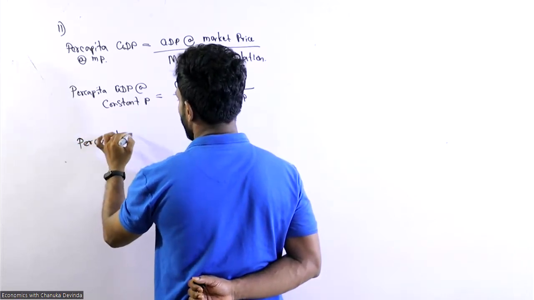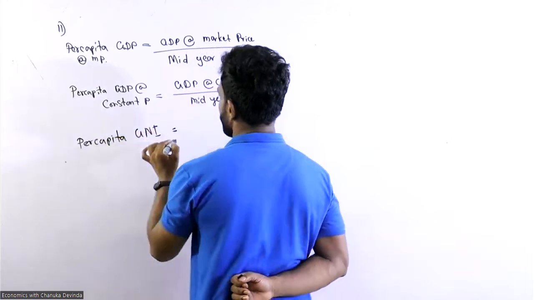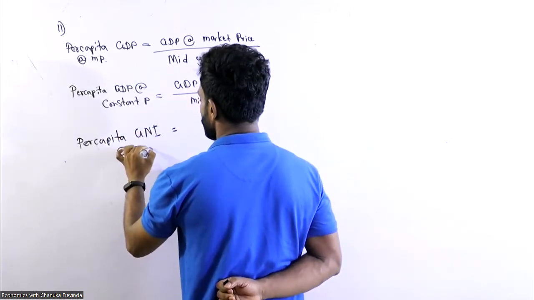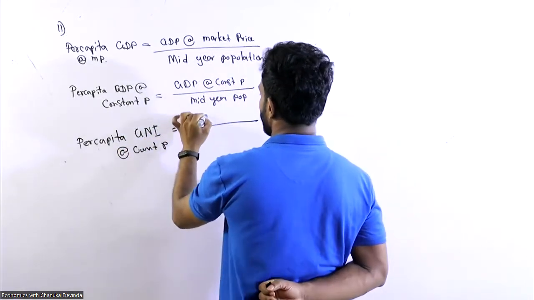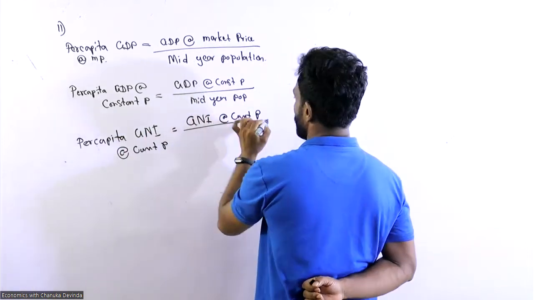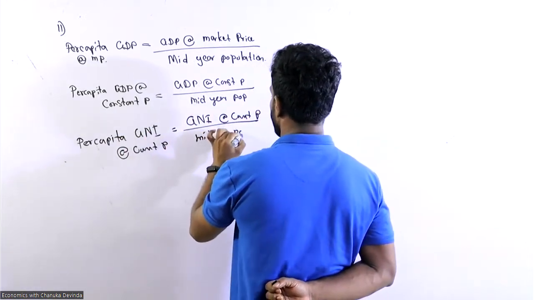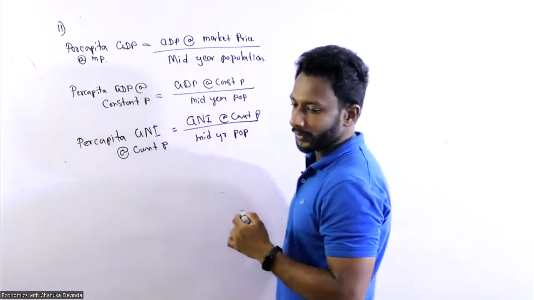Per capita GNI at current price. So here, GNI at current price divided by mid-year population. Right? 3 for 3 boxes.